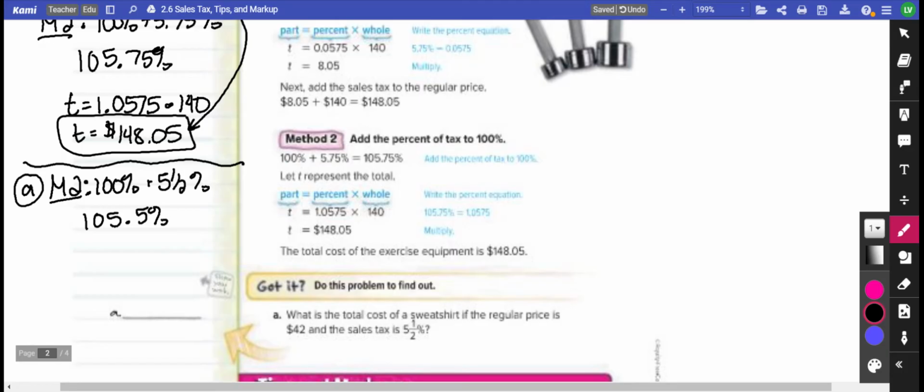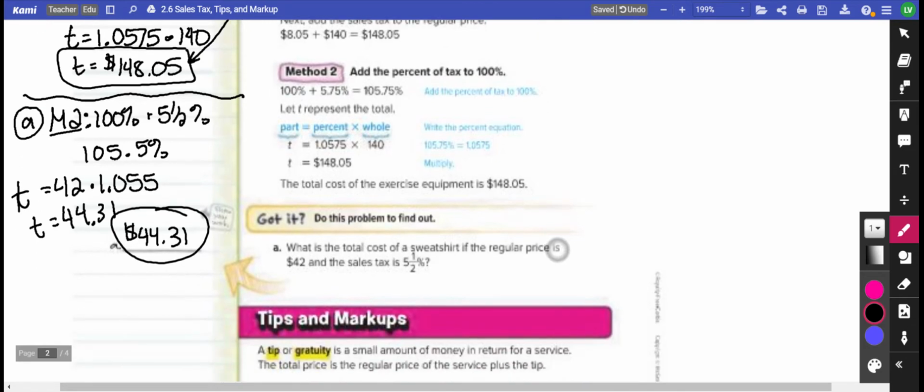I'm then going to multiply that by my regular price of $42 times 1.055, which equals my total. So 42 times 1.055 gives me 44.31. So that means the total cost is going to be $44.31, including my tax.